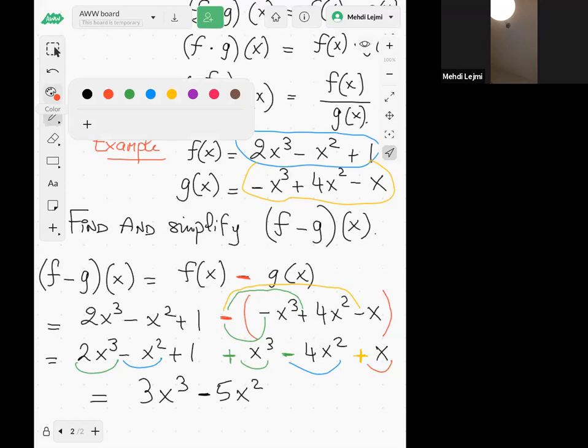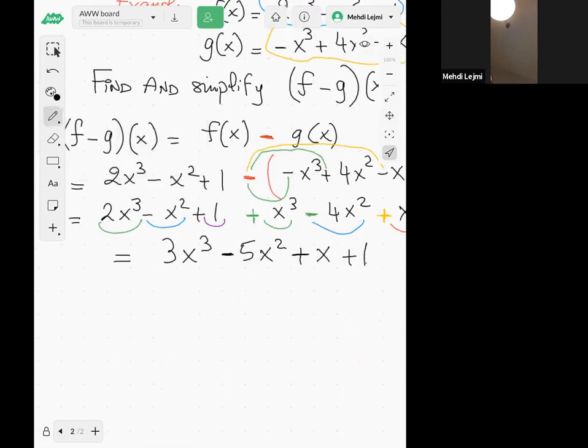There are no other x terms except the plus x. And then there's this constant. There's only one constant, which is plus 1, right? So you're gonna have plus 1 here. Okay, that'll be the final answer. So f minus g of x is 3x cubed minus 5x squared plus x plus 1. I did this subtraction here because I think that's where you have to be careful with the parentheses.